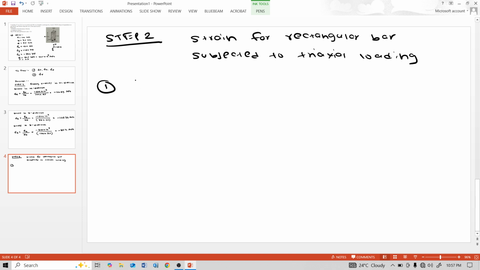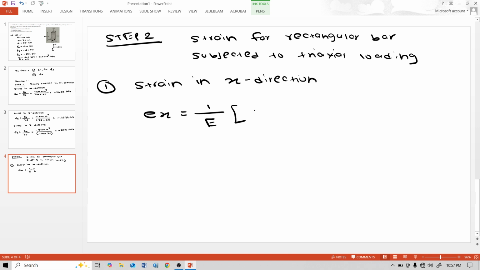First find strain in x direction. The strain in x direction formula we saw in derivation. Strain in x direction is equal to 1 upon Young's modulus multiplied by stress in x direction minus Poisson's ratio into the sum of stress in y direction plus stress in z direction.